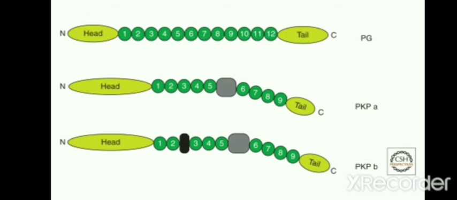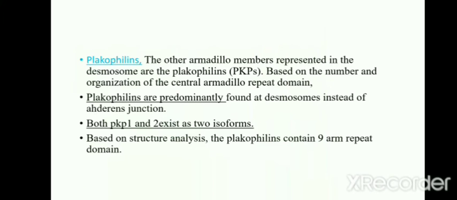The central armadillo domain of plakoglobin also interacts with desmoplakin. Plakoglobin associates with the desmosomal cadherins and the desmoplakin intermediate filament complex simultaneously. Plakoglobin clearly plays a key role in desmosome assembly, as revealed by a human disease and mouse genetic model systems.